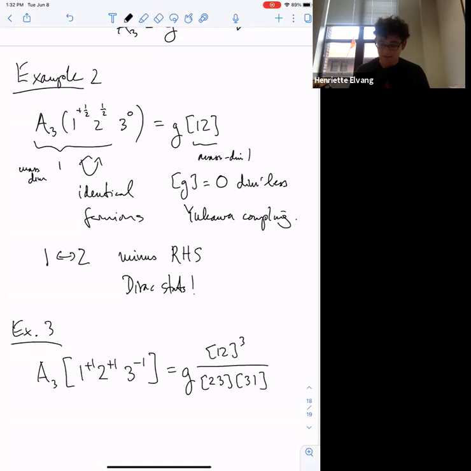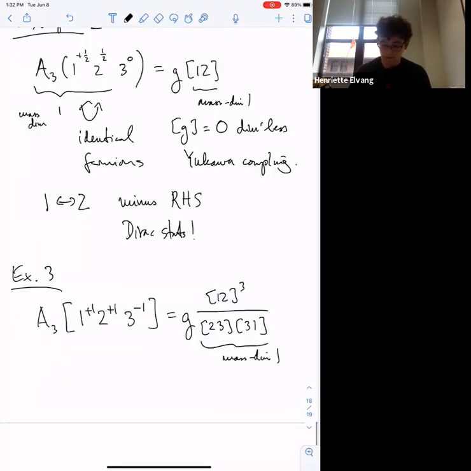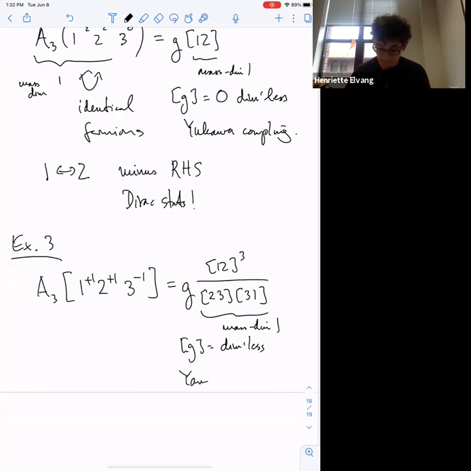Again, the kinematics on the right-hand side ends up having mass dimension 1. And so you conclude that g is dimensionless. And that's what it should be if you're computing something like Yang-Mills theory in 4 dimensions.